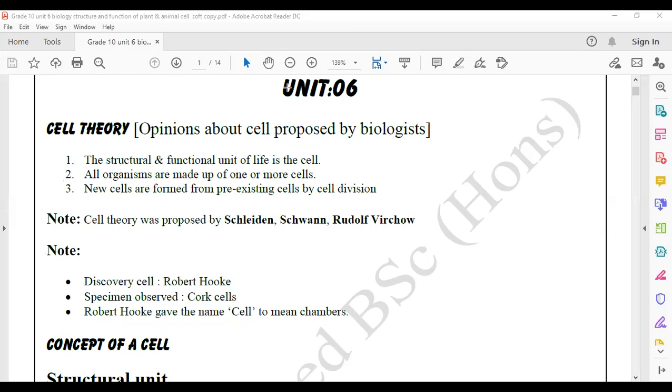Those parents are born from their parents. This is how life continues on earth in all organisms. Do you understand?